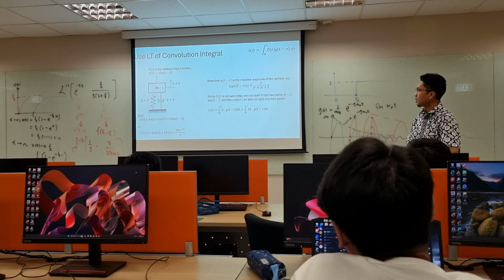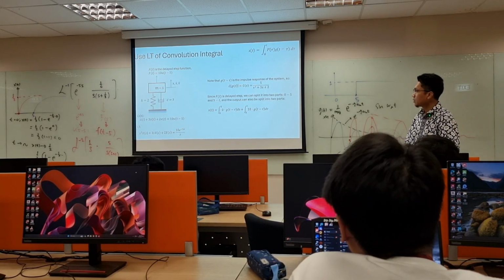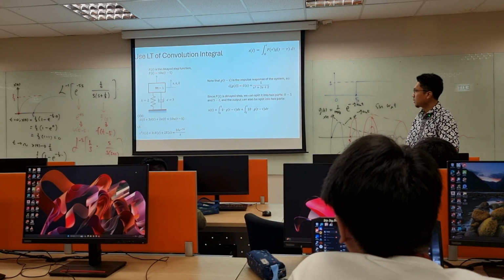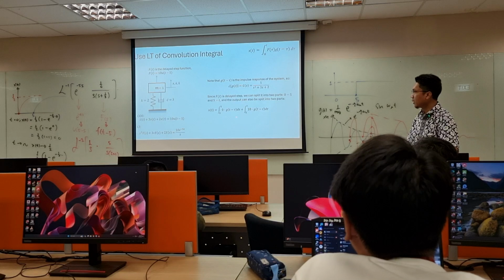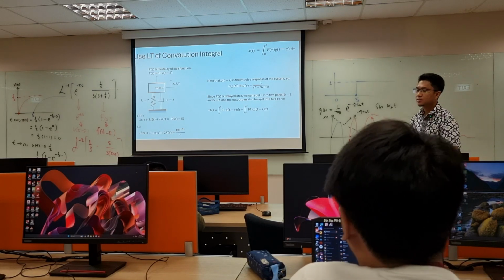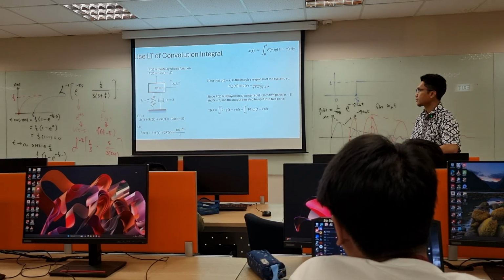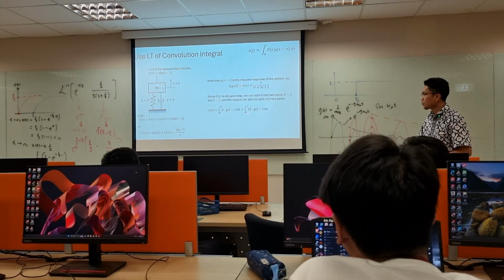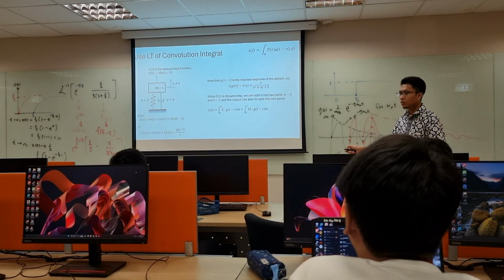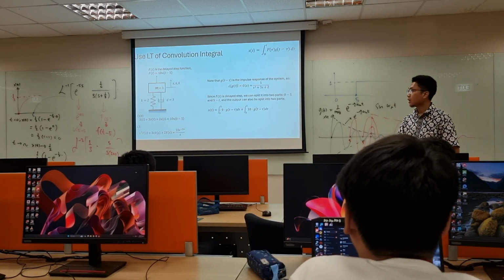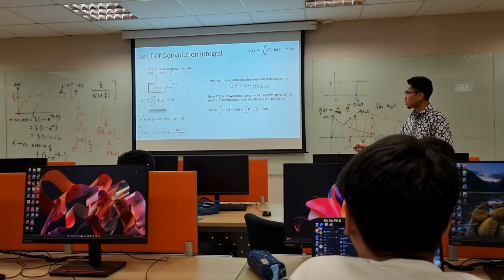And because this is a delayed step, split into 2 parts, from 0 to 5 and then from 5 to t. And in here, I'm already using the convolution integral. From 0 to 5, what will be the input? 0. From 5 to t, the input is 10.